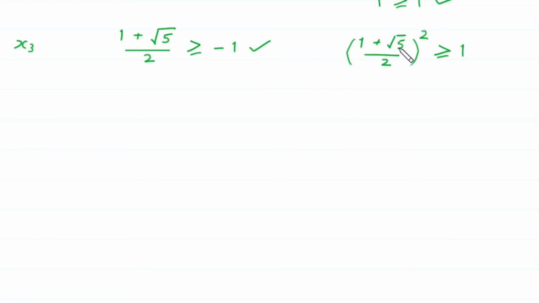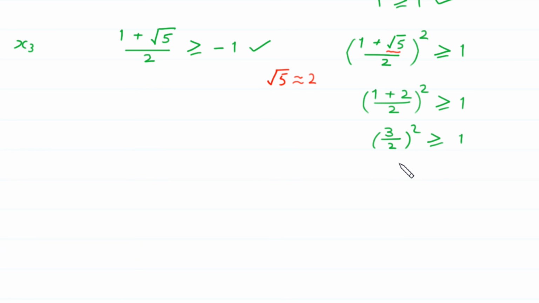Now this square root of 5 is approximately equal to 2. So we replace this square root of 5 with 2. (1 plus 2) over 2, whole squared, must be greater than or equal to 1. And 1 plus 2 is 3, over 2, squared is greater than or equal to 1. 3 squared is 9, over 2 squared is 4, is greater than or equal to 1.